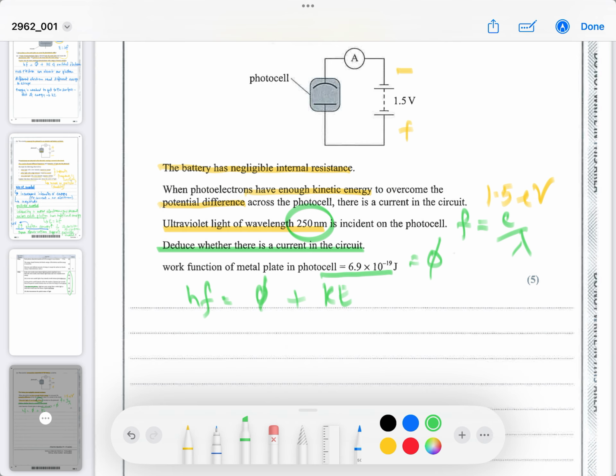If the KE left after you've taken the work function off is correct, then you can work out the kinetic energy. The kinetic energy is maximum. You can then work out hf minus the work function, and that will allow you to do the equation.